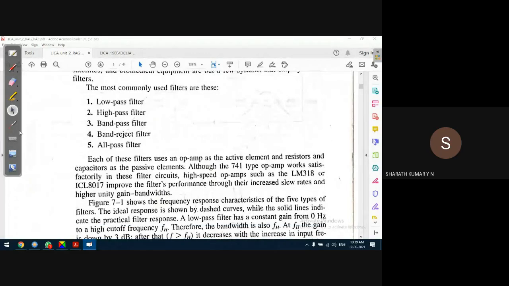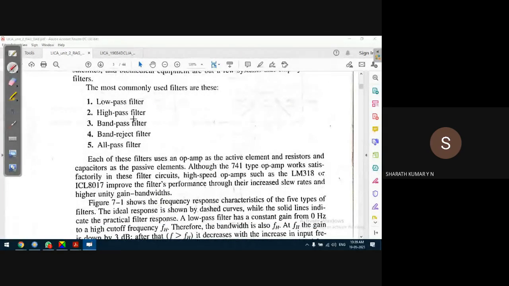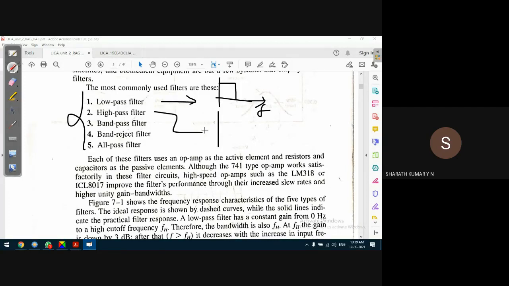Anyway, the most commonly used filters. What are the ranges? It is a range of frequency which is attenuated by the filter. A low pass filter will allow only the low frequency range and block the high frequency signals. A high pass filter will allow high frequency signals and block low frequency signals.